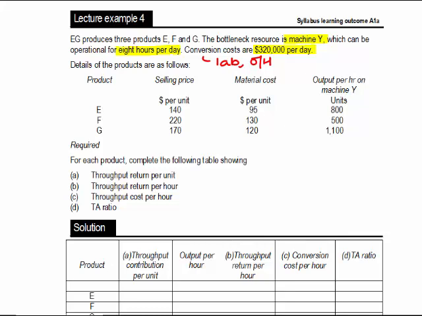Now, we've been given the selling price and the materials cost per unit. We've also been given the output per hour on machine Y. So what we're going to calculate for each product is the throughput return per unit, the throughput return per hour, the throughput cost per hour, and then finally the TA ratio.